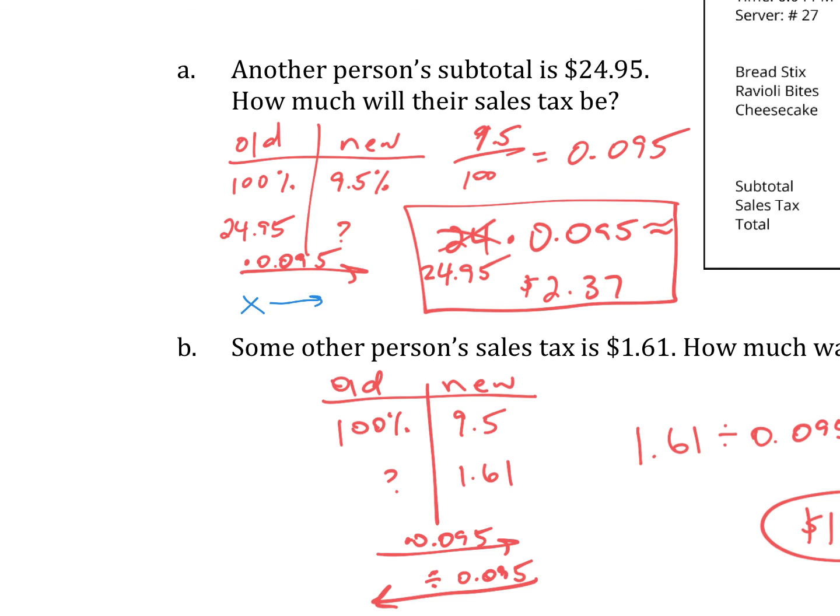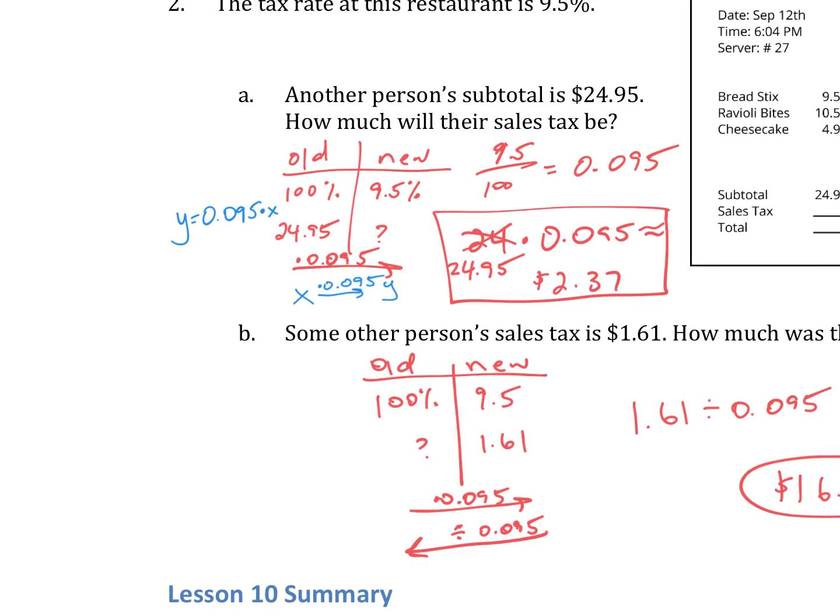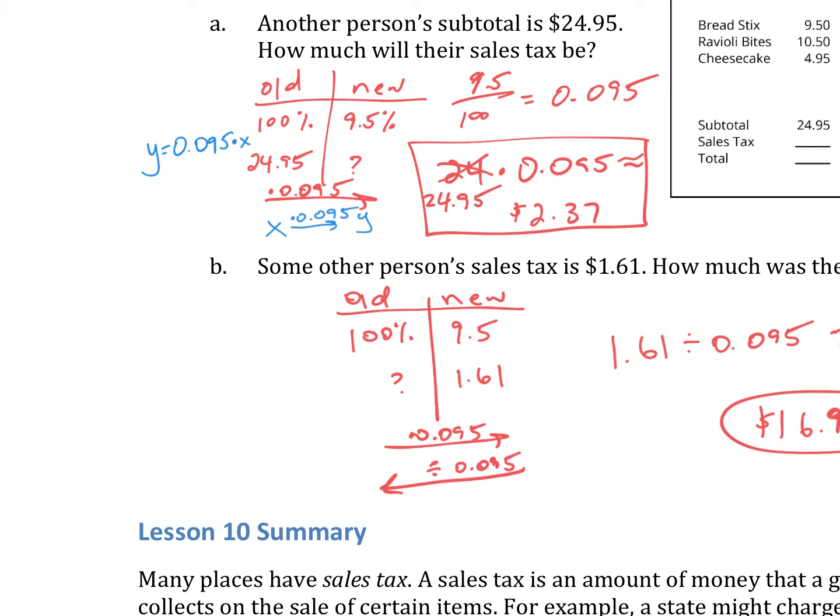What we can do to figure out the new is just multiply by 0.095. So if our old is x and our new is y, our equation for this problem would be y equals 0.095 times x. What this allows us to do is, regardless of the situation, calculate either the sales tax or the subtotal by just using this equation.